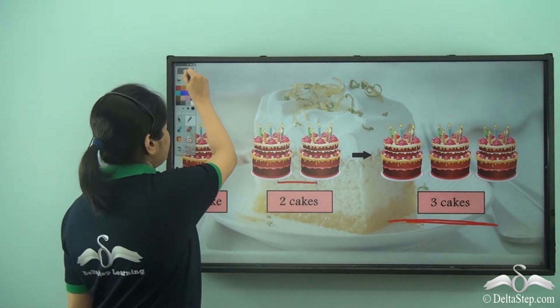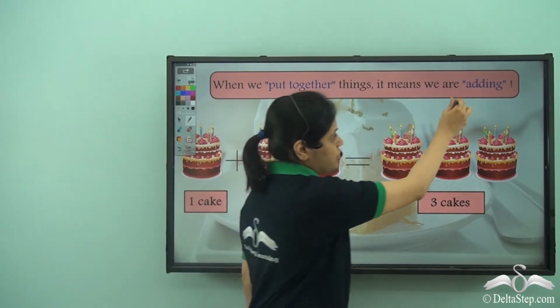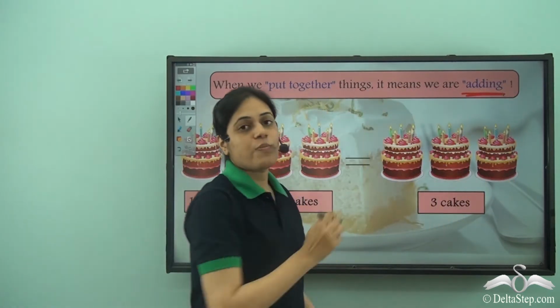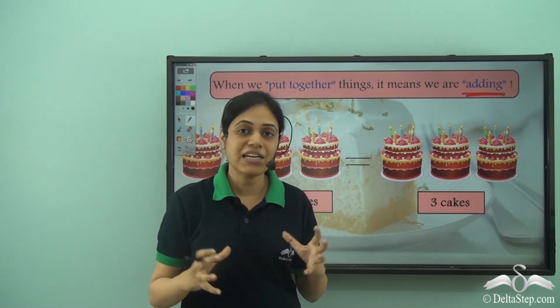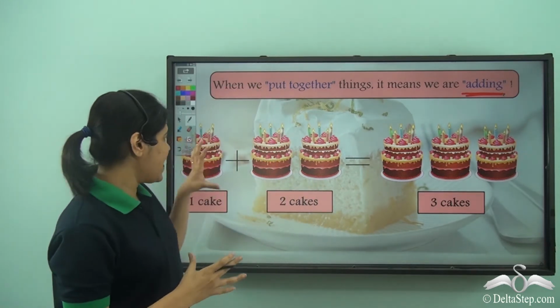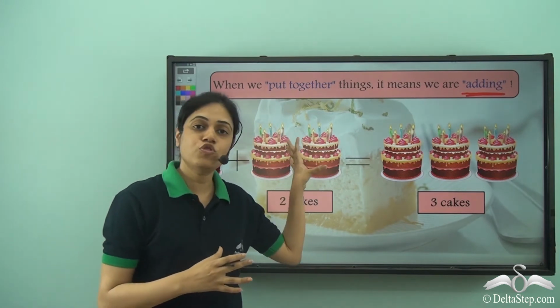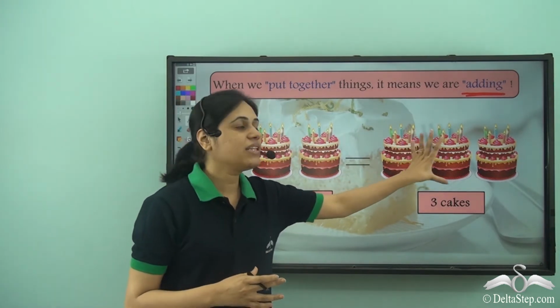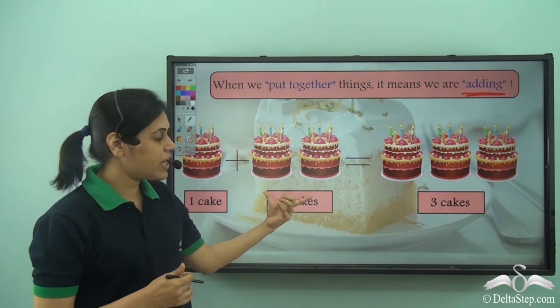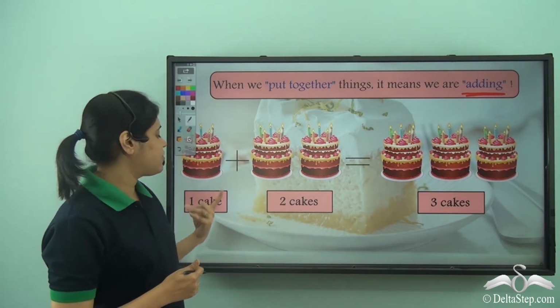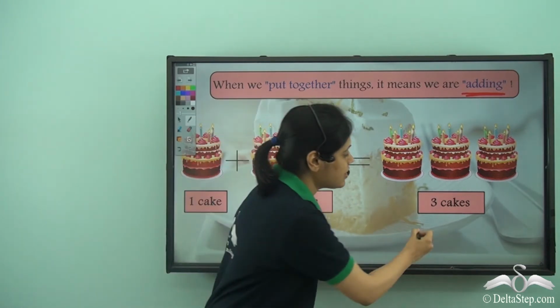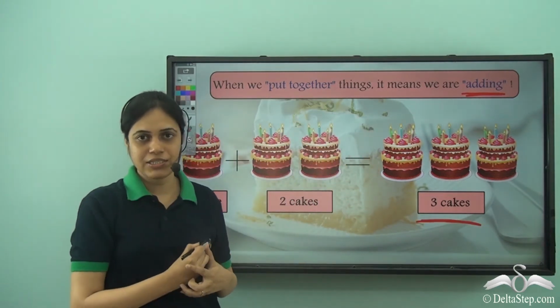This is called addition, right? So by putting together things, we mean we are adding things. So we are adding one cake to two cakes to get 3 cakes. So 2 cakes being added or put together with one cake give us 3 cakes, right?